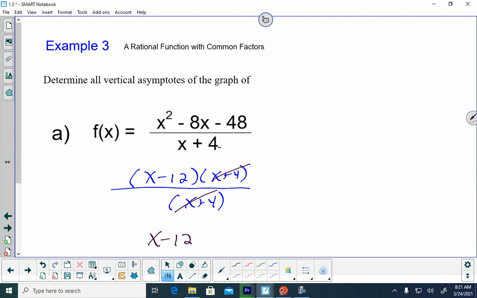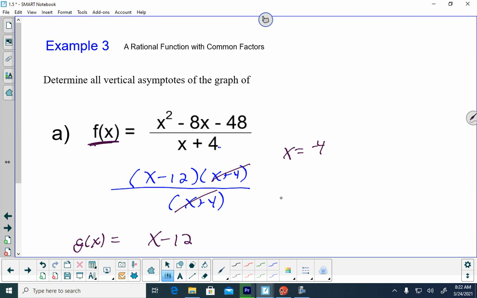So remember, this graph of f of x and this graph of, we'll call this g of x, are the same, exactly the same. The only place that they differ is at x is equal to -4. That's the only place that they differ, and the only way I'm going to see that there's a problem on the graph is if I go to the table, and at -4 it'll tell me it's undefined.